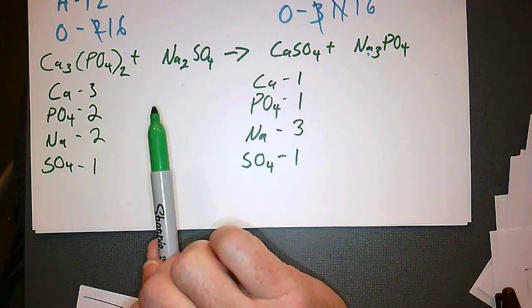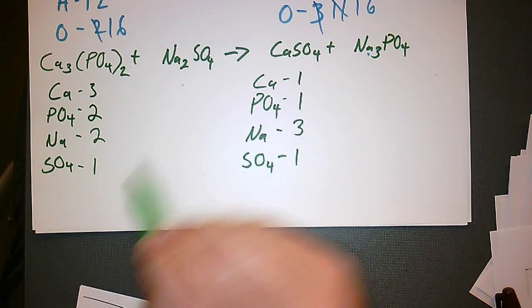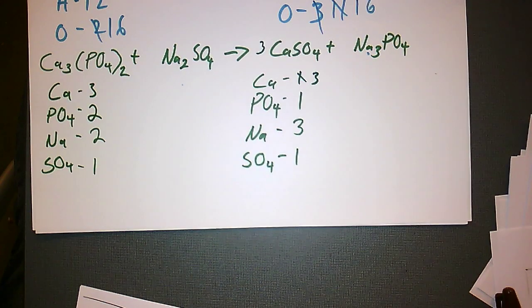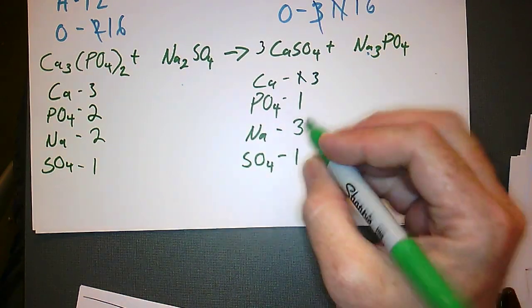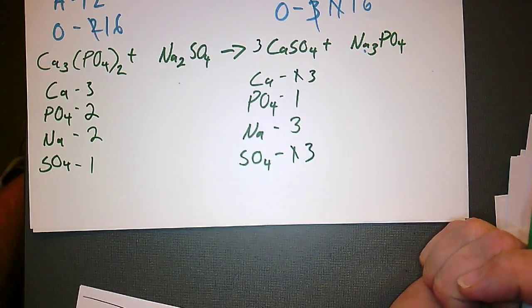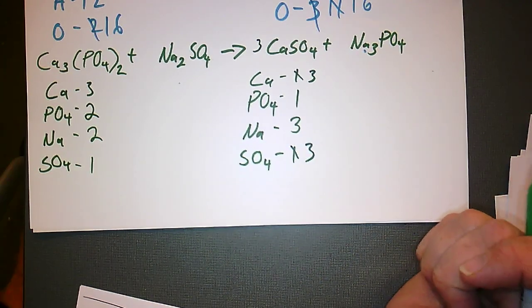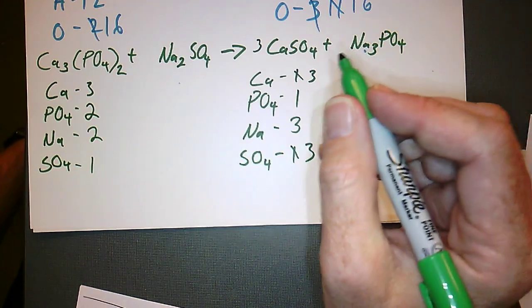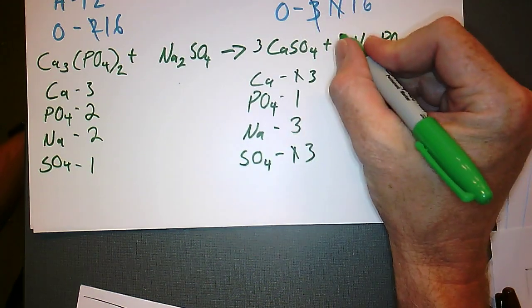All right, so if I have 3 here, what do I got to do on the other side? Multiply by 3. That changed my Cas to 3. What's it do to my SO4s? Yeah, times it by 3. Since I had 1, now I have 3. Okay, what about my PO4s? Times it by 2 on the right side.